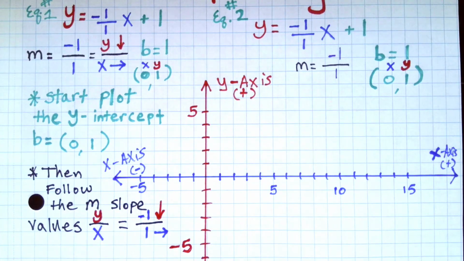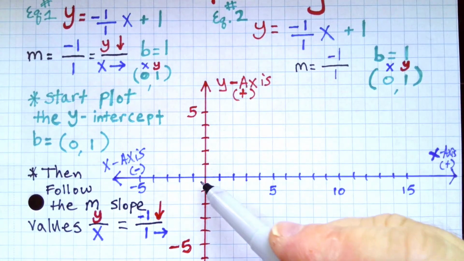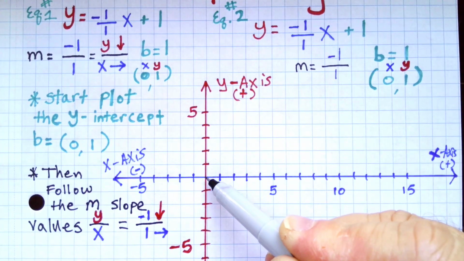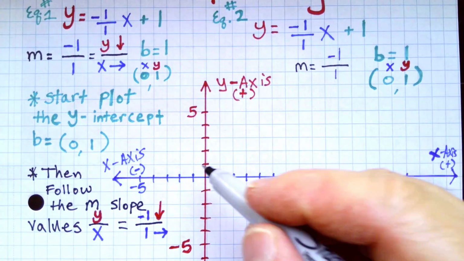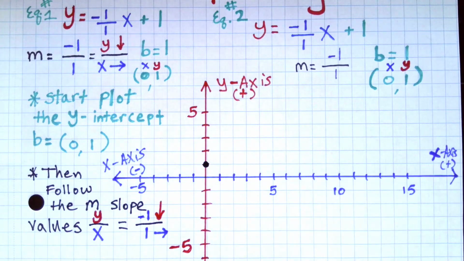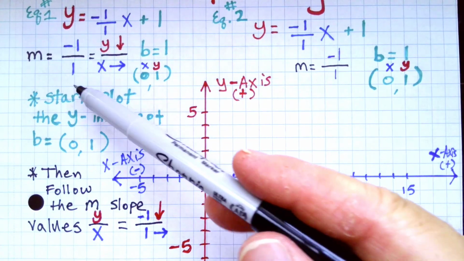So (0, 1), that's my y-intercept for equation number 1. Here is (0, 0), the origin. I don't go anywhere on my x value. I stay right here. Now, +1 on the y. Now I'm just going to follow my slope, and you can see the slope is -1 over 1.